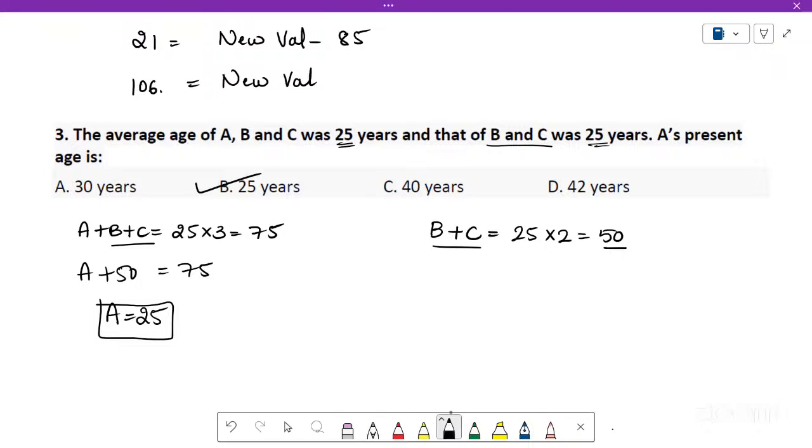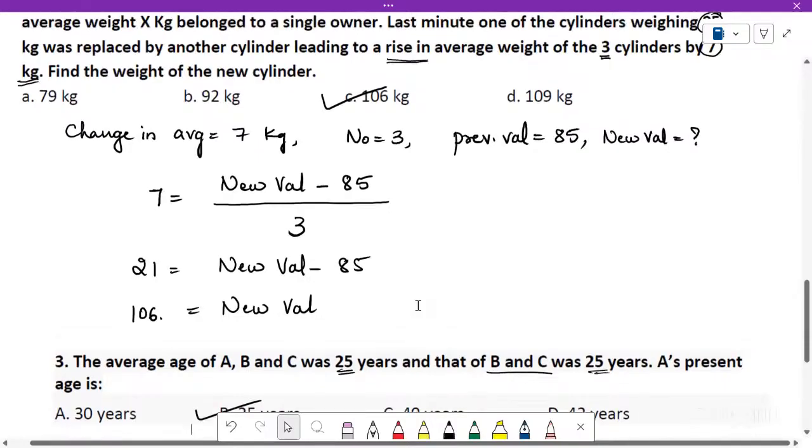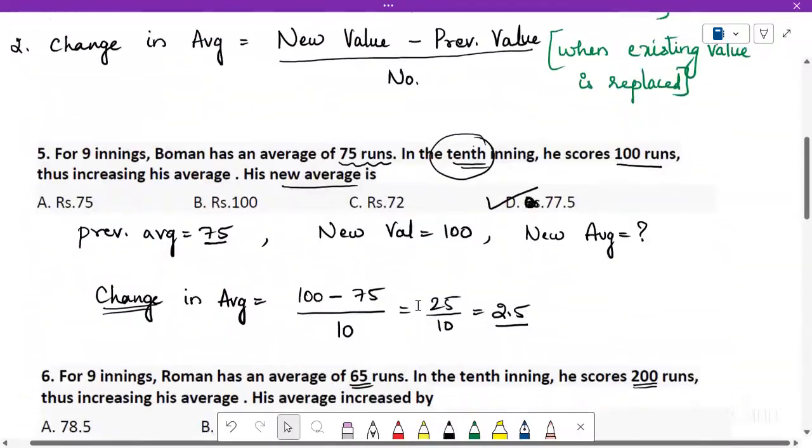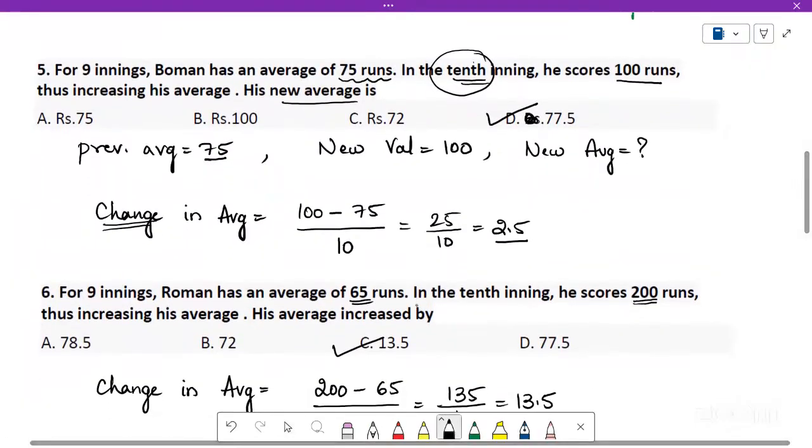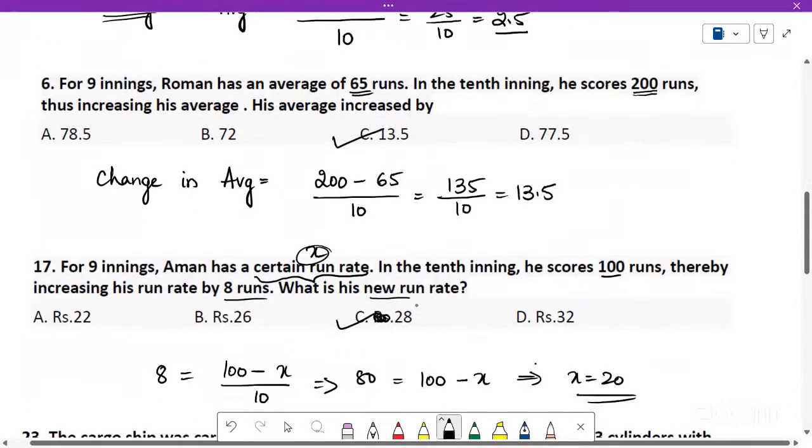Here we have done some calculations, but even without calculations we can find out the answer. We saw the change in average formula. Now the new value being added: previous average was 75, the value I'm adding is 100. It is greater than 75, so the average increases. Same here: previous average was 65, the value added is 200, so average increases.